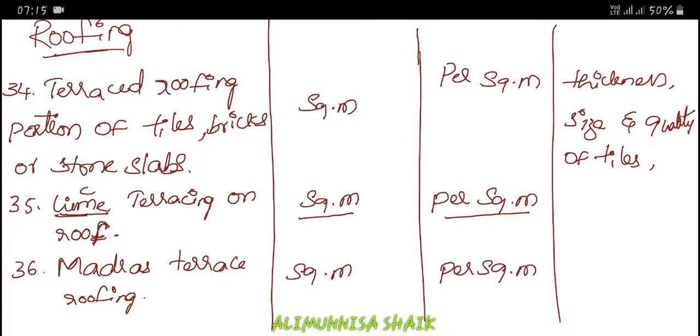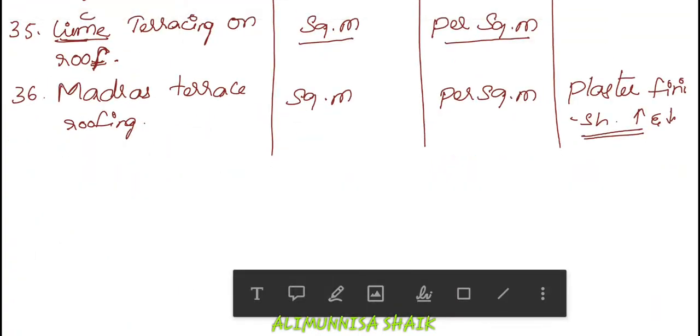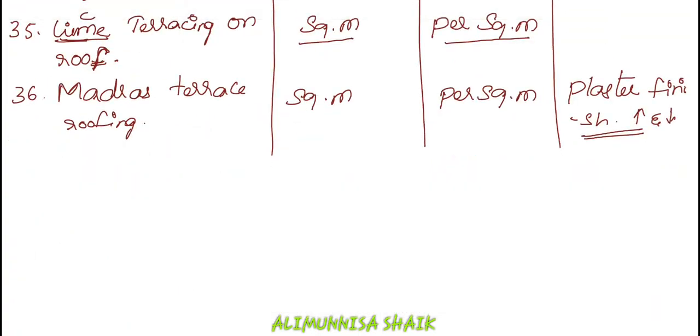The mode of measurement is plaster finish on the top and the underside shall be included in the item. This is how we are going to put the mode of measurement for your Madras terrace, where we will be considering the top and underside of the item.